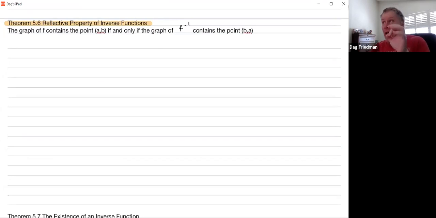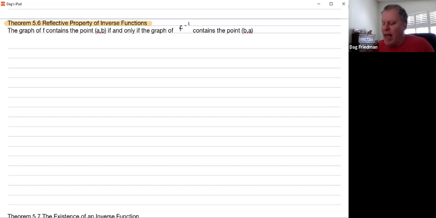And a lot of times they'll say, hey, look, I've got this function and it passes through this point. It's really important to understand that if the original function passes through the point (3,5), then the inverse is going to pass through the point (5,3). That's a really big deal.